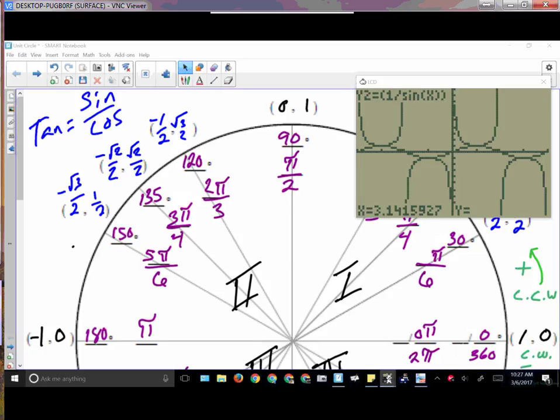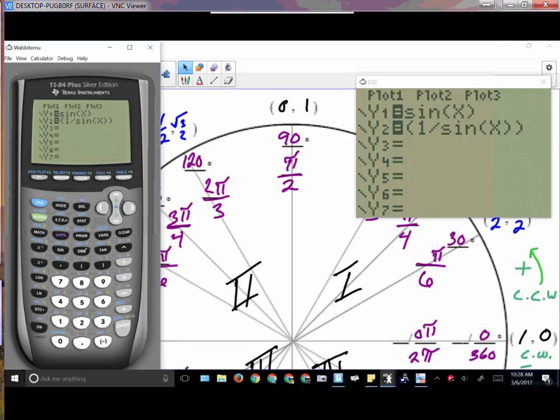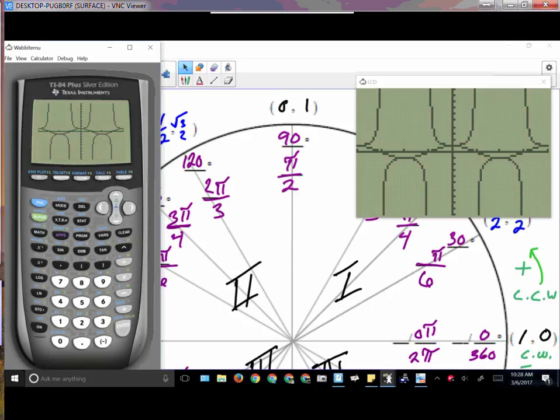So if we go back again and take a look at this with cosine, so put in the cosine there, and we hit graph, we see that this one is going to be the same kind of an idea, and we can identify where the points of discontinuity are again. So trace, move up to that, and here if I hit it at pi divided by 2, that's e divided by 2, that was a bad idea.